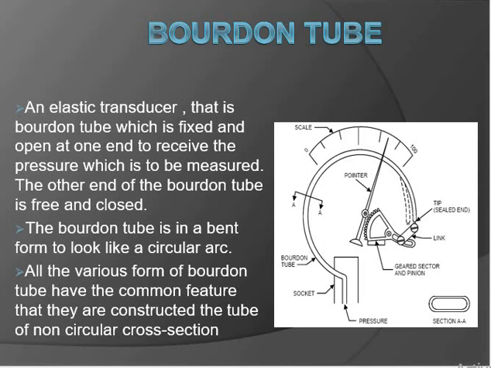Whenever force is applied, all these actions come out. But there are different types and different measurements, and we use different instruments to measure. The Bourdon tube can also give an accurate measurement of the pressure.